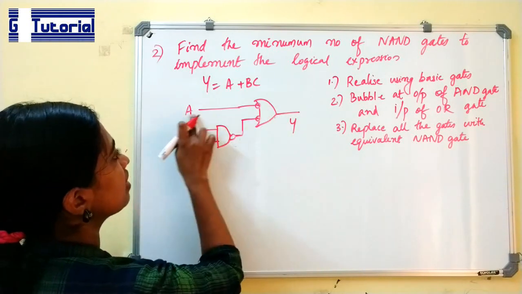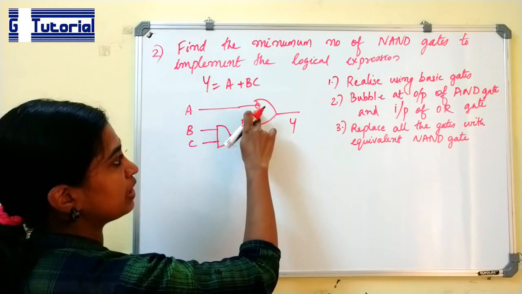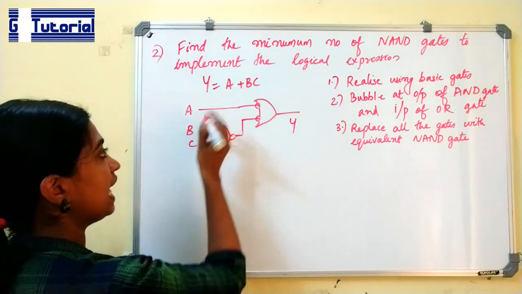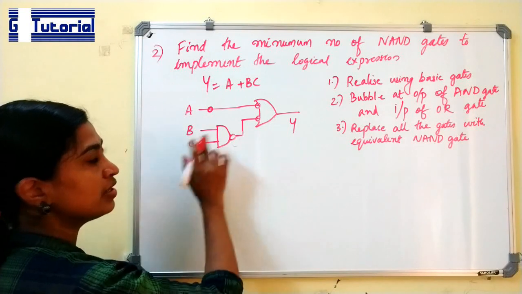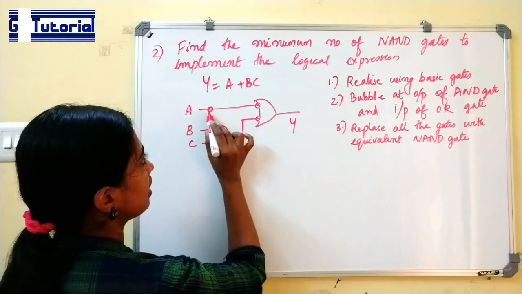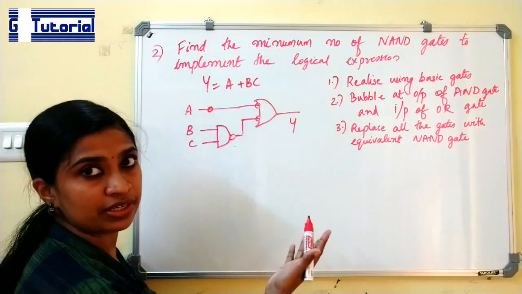But here check, if you are feeding A to this bubble, then you are feeding A bar. It should not be the case. A has to be fed. So if we are putting a bubble over here, what is actually fed to the input of this gate? A bar is again complemented. So A double bar, A is fed.